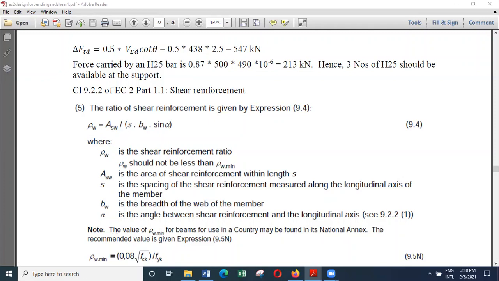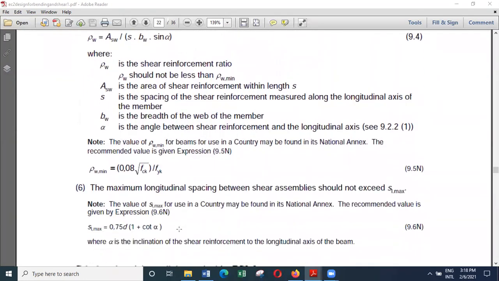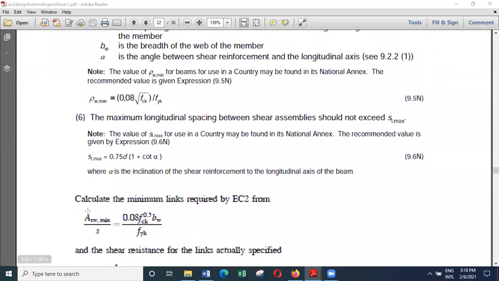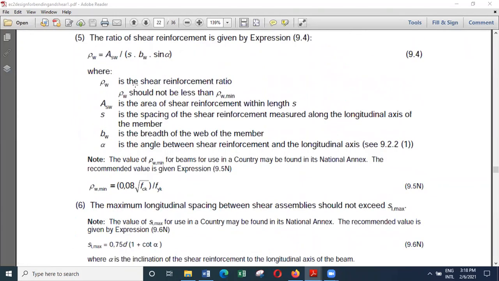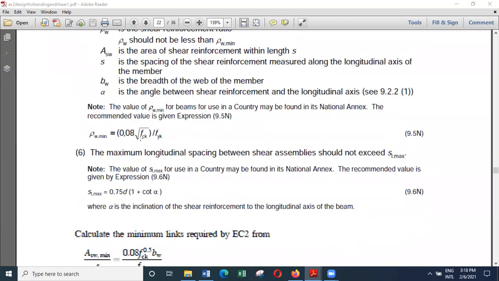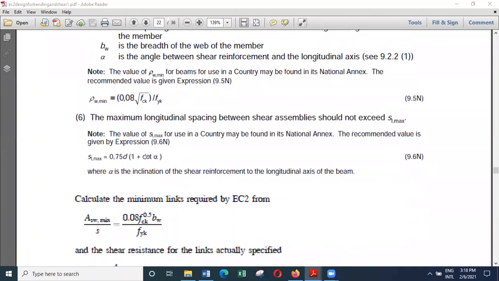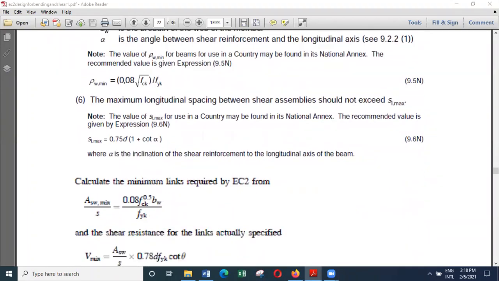So you get ASW over S is equal to 0.08 square root of FCK divided by FYK multiplied by BW. So the minimum link requirement will be given by this equation. ASW over S is equal to BW times this component, and from that we can select a suitable minimum value for links that we are going to provide.